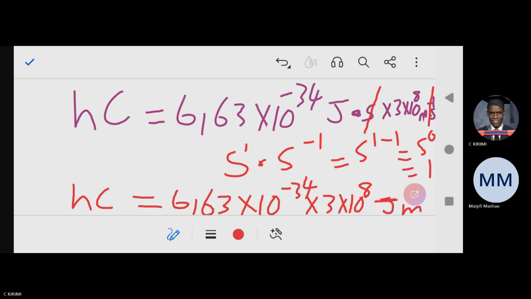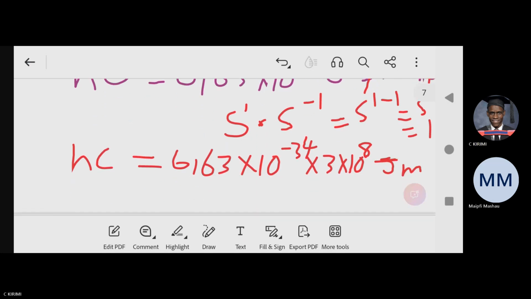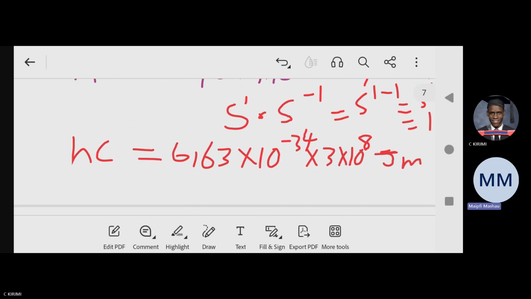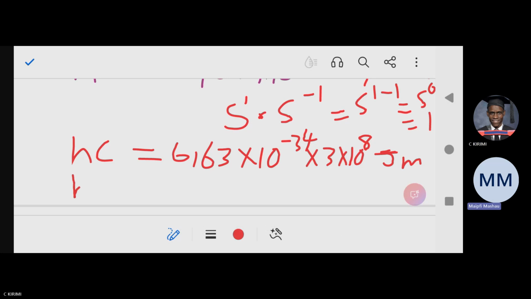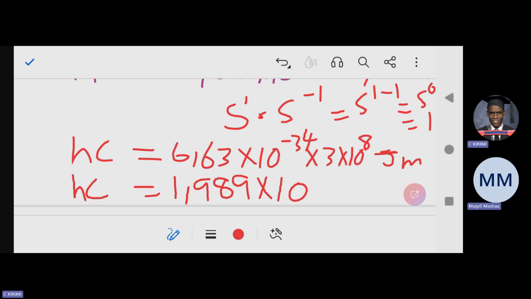What are you getting? 1.989 times 10 to the power negative 25, and the unit is joules multiplied by meters.